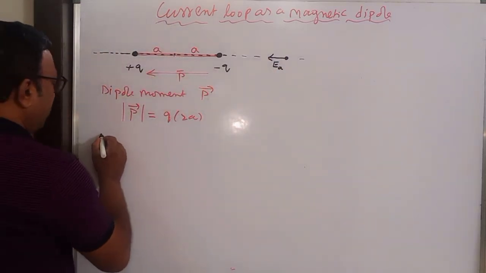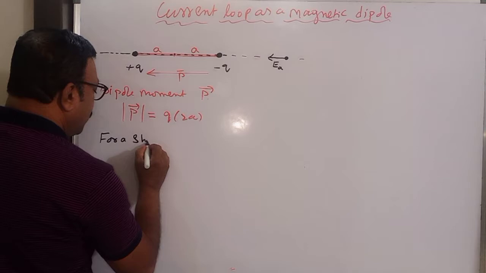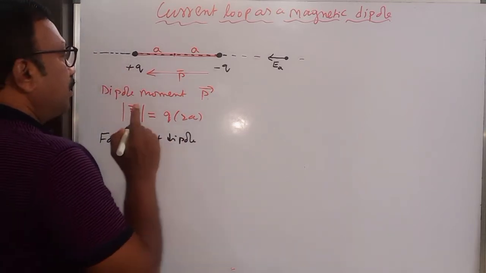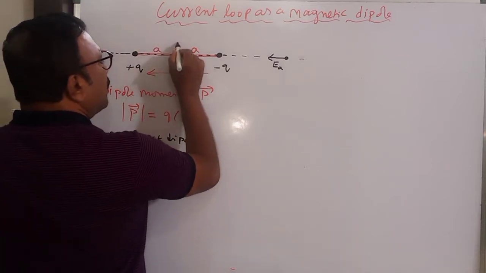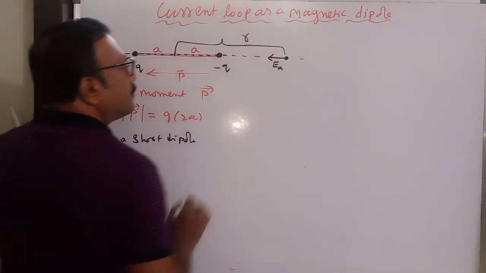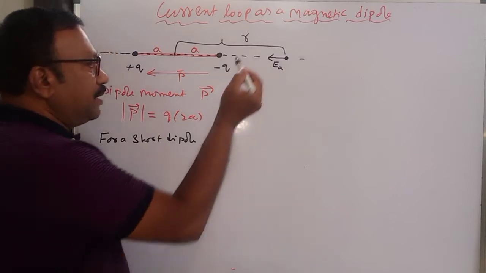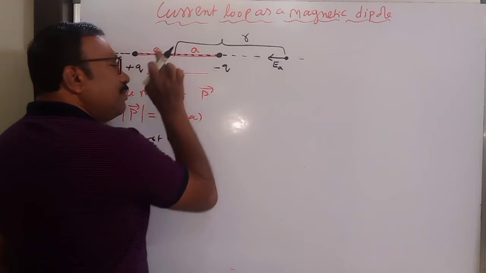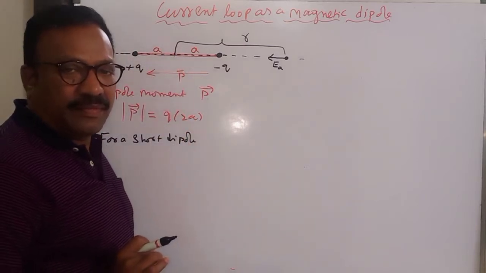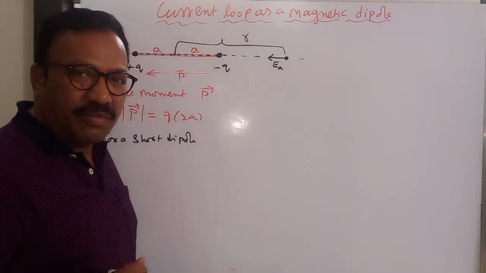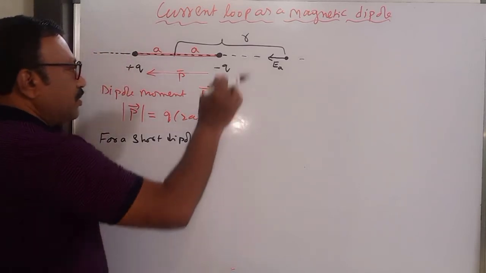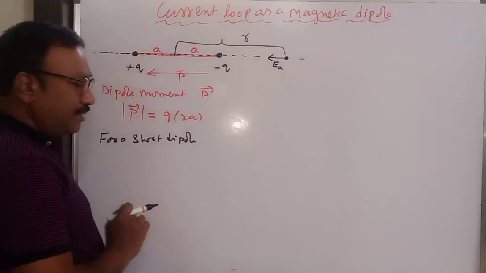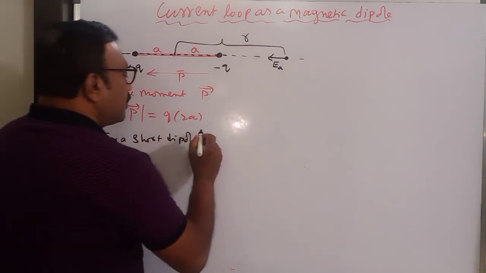So for a short dipole, what does short dipole mean? Say, for example, this distance is r. That means you are determining the electric field due to the dipole at a distance r from the center of the dipole. I said all distances are measured from the center of the dipole only, no? So at this point, the electric field is given. Let us write the formula for that, especially for a short dipole. What is the condition?